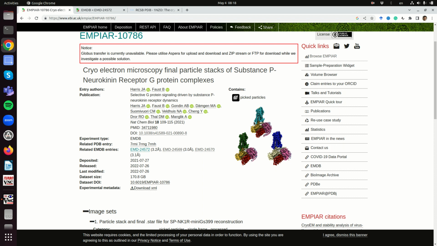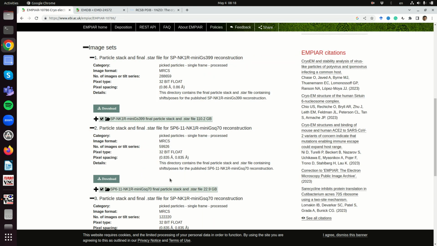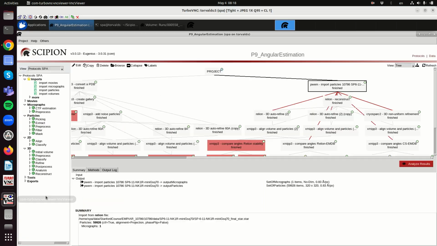So these are the micrographs. This is the particle corresponding to the dataset that we have selected. There are 3 datasets here, and we have selected one of them. Okay, so now we come to here.